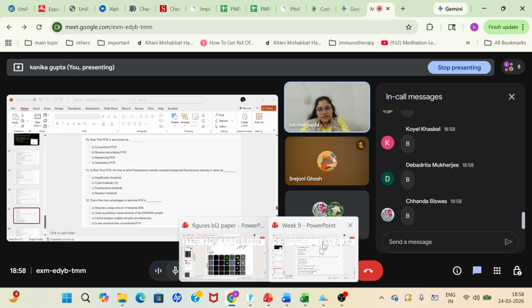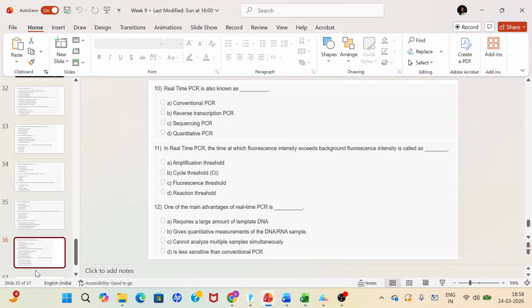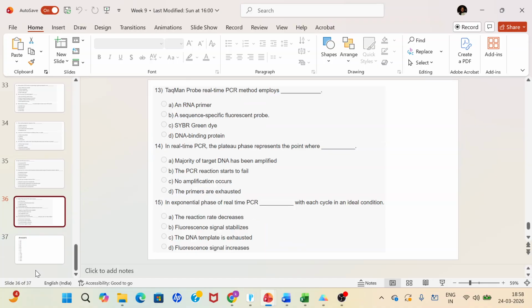ठीक है? Next question. TaqMan probe real time PCR method employs what? What does the TaqMan probe method use?